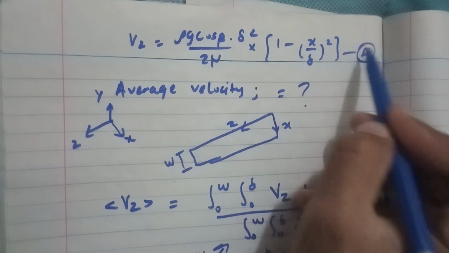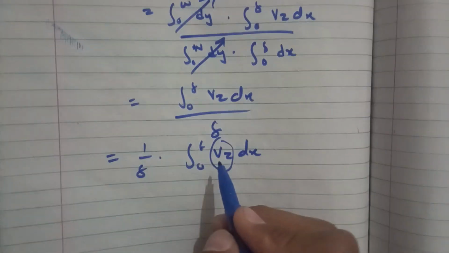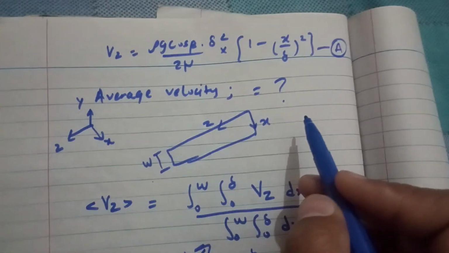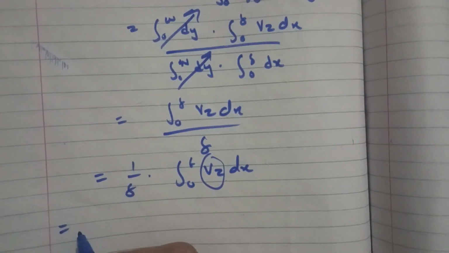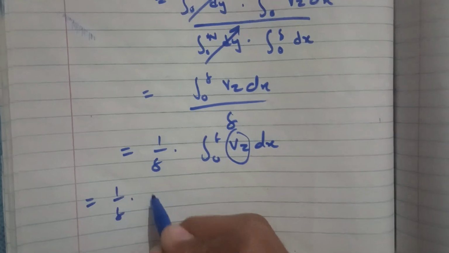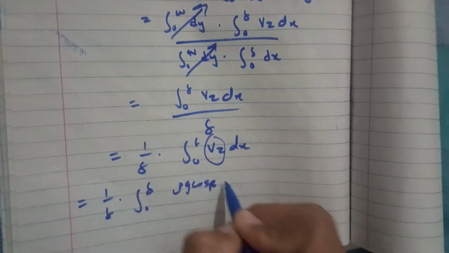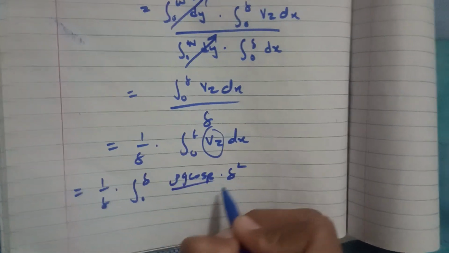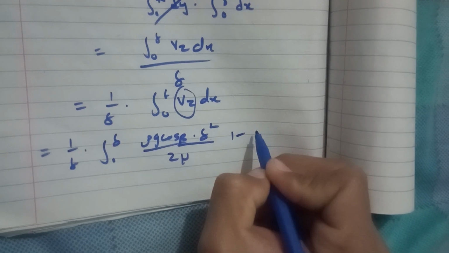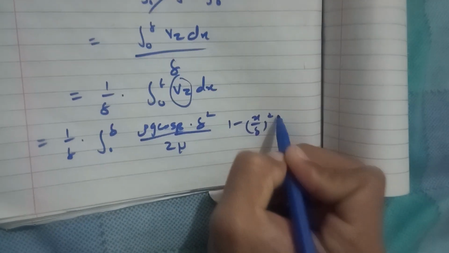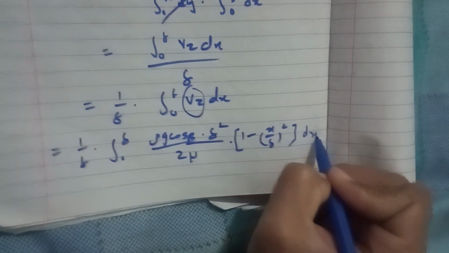Let's name it as A. So next we simply put our velocity distribution profile equation A at the Vz place. So let's write it: 1 over delta, integral 0 to delta, rho g cos of beta into del square over 2 viscosity into 1 minus x over del whole square in brackets, dx.